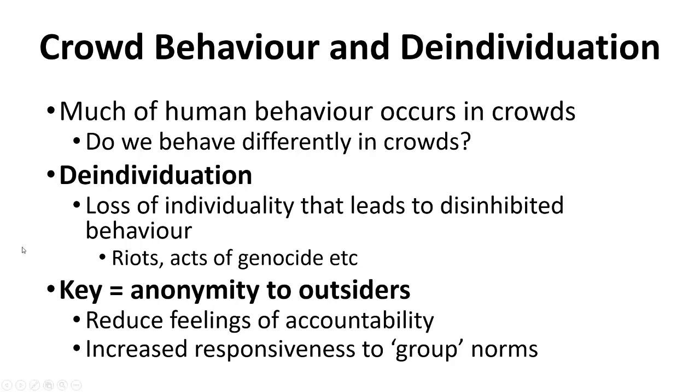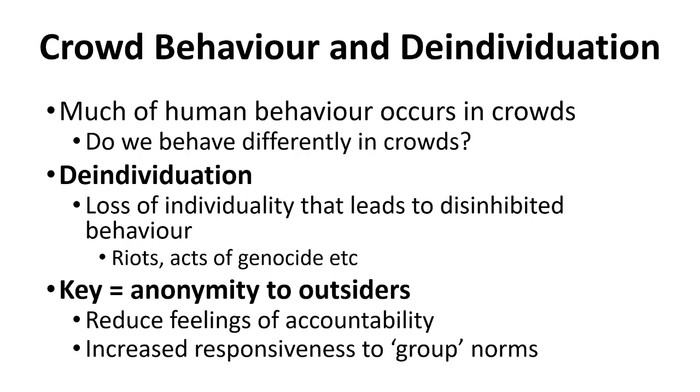So there are lots of ways that being part of this group can lead you to ignore your own individual values. Now, again, researchers have been really interested in this and done lots of studies to figure out what the heck is going on. And the key point to this seems to be anonymity to outsiders.